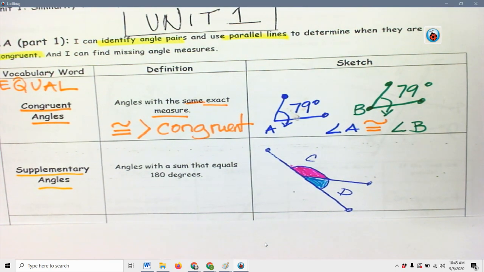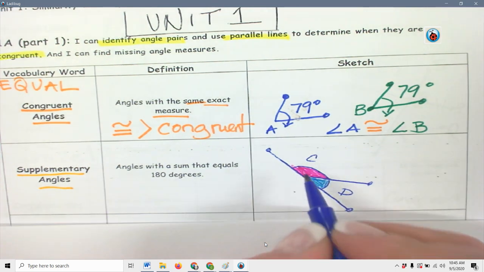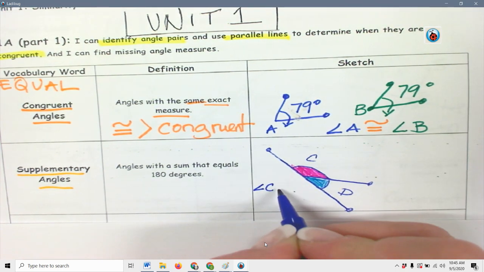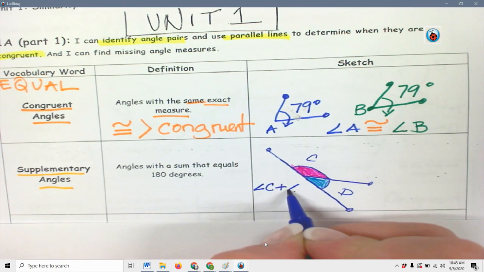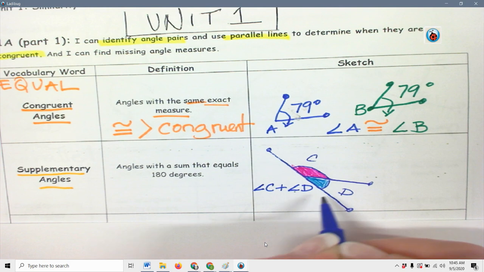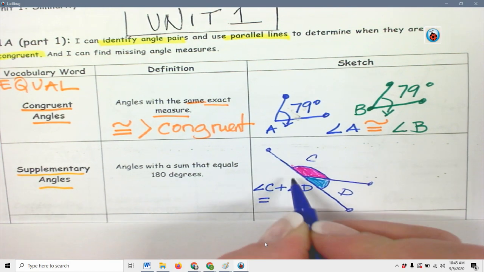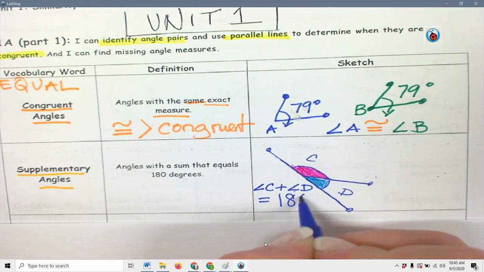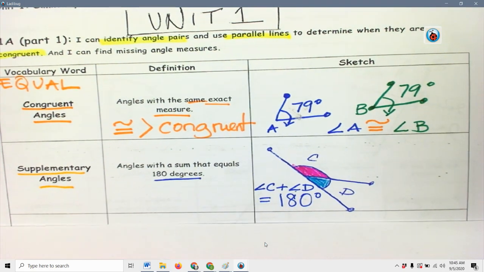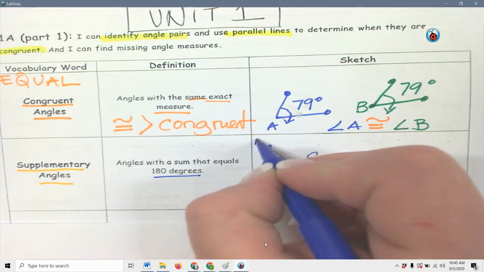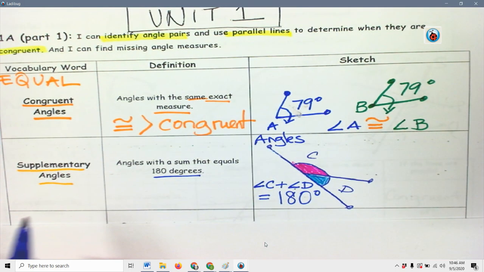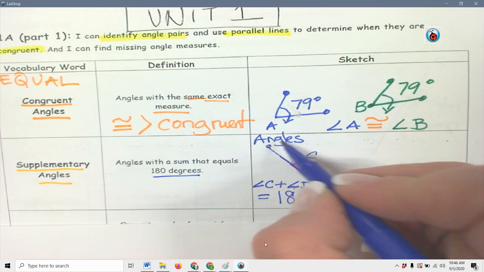And whenever you have angles on a straight line like that, angle C plus angle D, when we add those angles up together, they will always equal 180 degrees. And that's our definition for supplementary angles. So angles on a straight line, that's one of the times that we'll see angles adding up to 180 degrees.